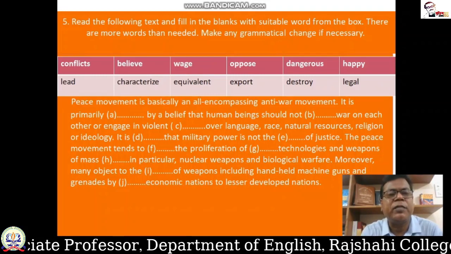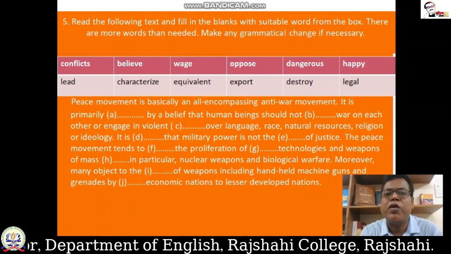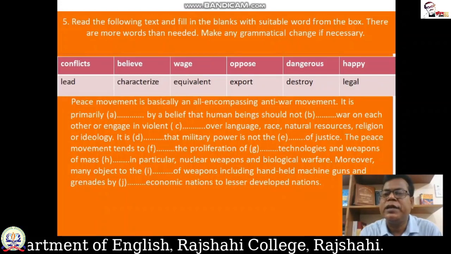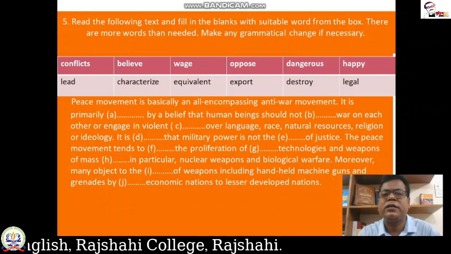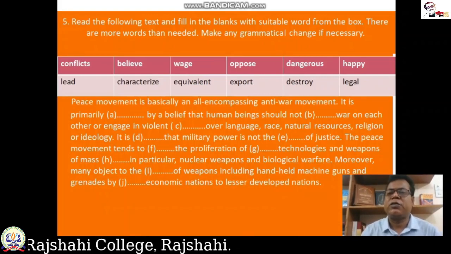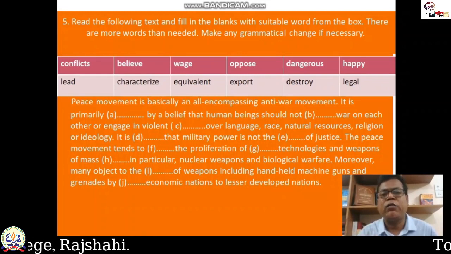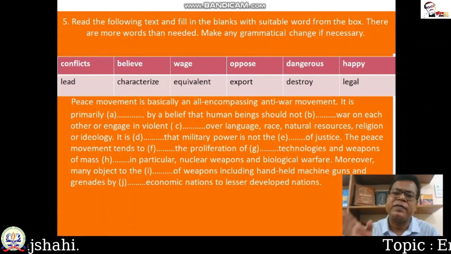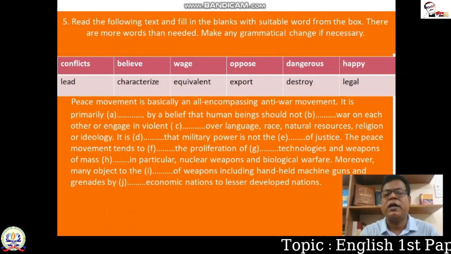Let's read the words given in the box. Conflicts, believe, wage, oppose, dangerous, happy, lead, characterize, equivalent, export, destroy, legal. I like to remind you again that all these questions I have set from the text of lesson 5, unit 10, the peace movement.